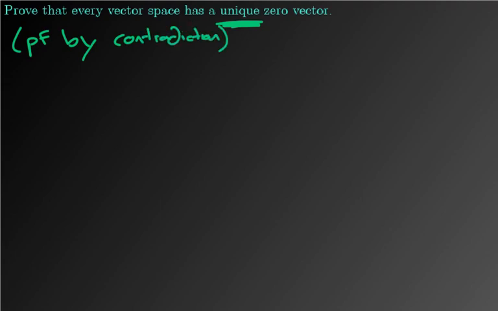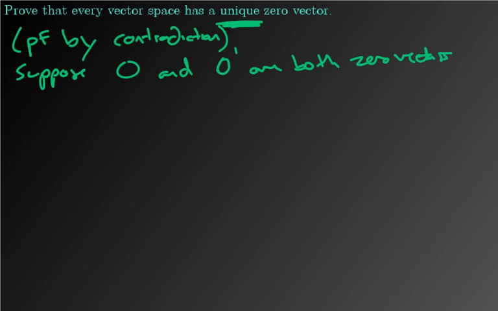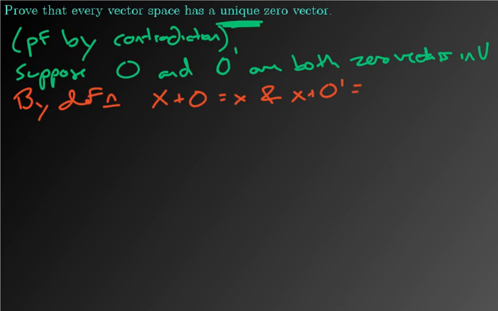And so what we're going to do is suppose 0 and 0 prime are both 0 vectors, let's say in V, my vector space V. Then by definition of a 0 vector, I have some other vector x plus 0 equals x, and x plus this 0 prime equals x for all x in V.